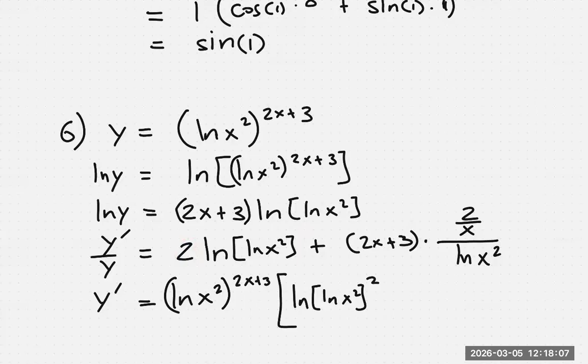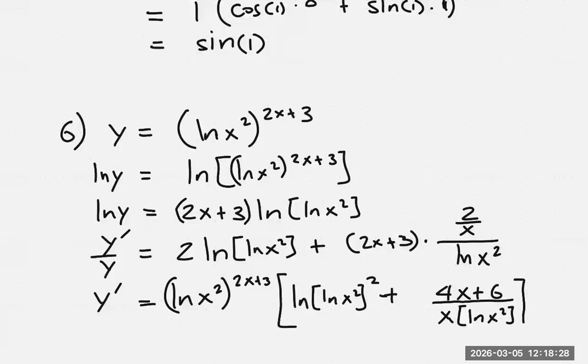And then now we're going to have 2x plus 3 times 2, I'll call it 4x plus 6, over x ln x squared. Does anything cancel? Let's see. Oh yeah, this can cancel this, but the problem is we have a power minus 6. Look at that. Yeah, that's it.